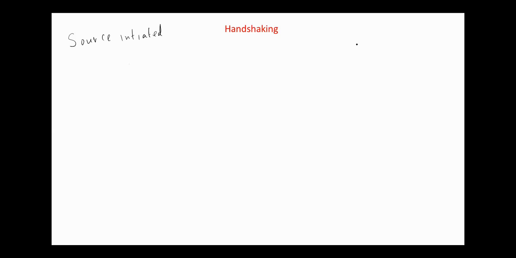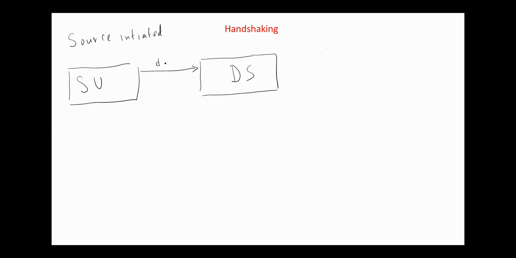Source initiated, here we have the source unit and destination unit. Data bus, data valid, data accepted. And the steps are as follows.